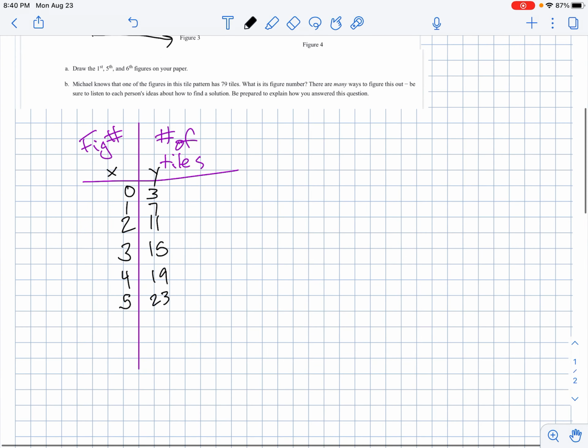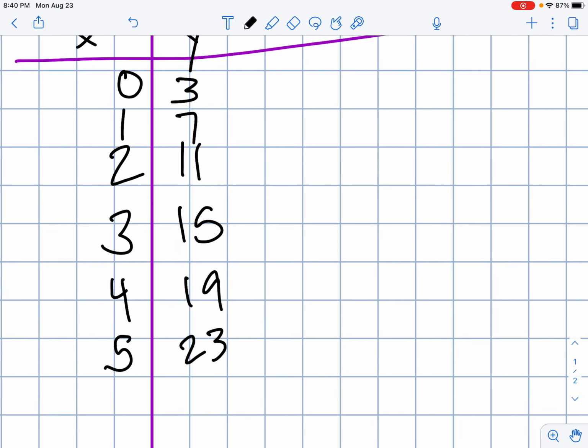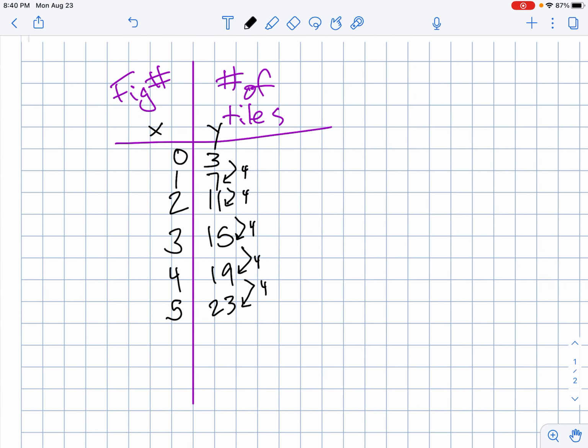So this way of analyzing patterns is going to be huge for us. One thing I want you to notice is because it goes up by 4 a bunch of times, as we go from 3 to 7, that's up 4, up 4, up 4, up 4. This is repeated addition. Now, do you know what repeated addition is?